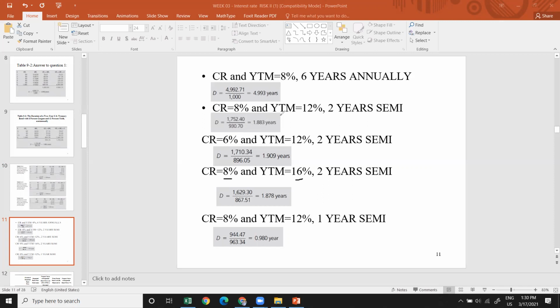However, by keeping the YTM same, or reduce the coupon rate, keeping the YTM constant, duration will increase. Or we can say increasing the YTM and the increase in the frequency as well will make changes. So the frequency, the coupon rate, the YTM and the maturity of the bond have an impact on the duration.